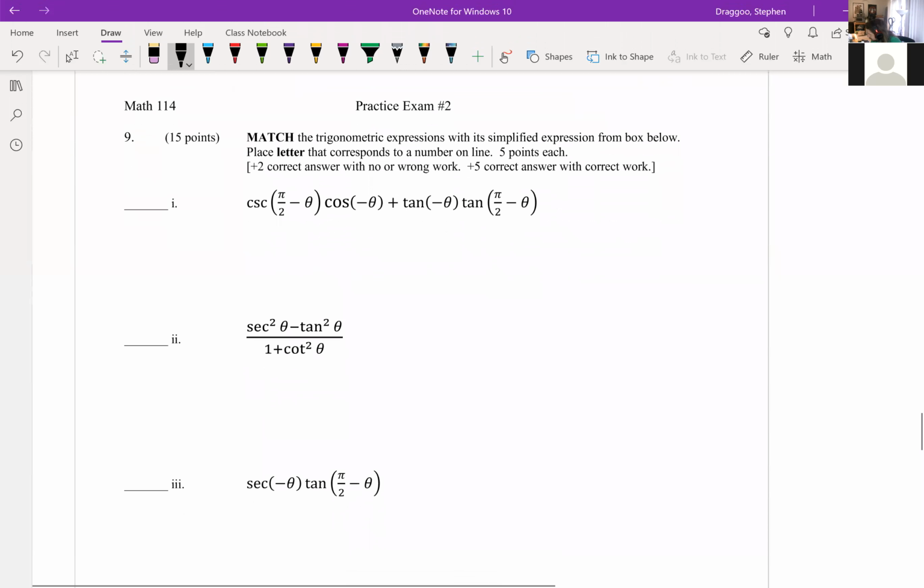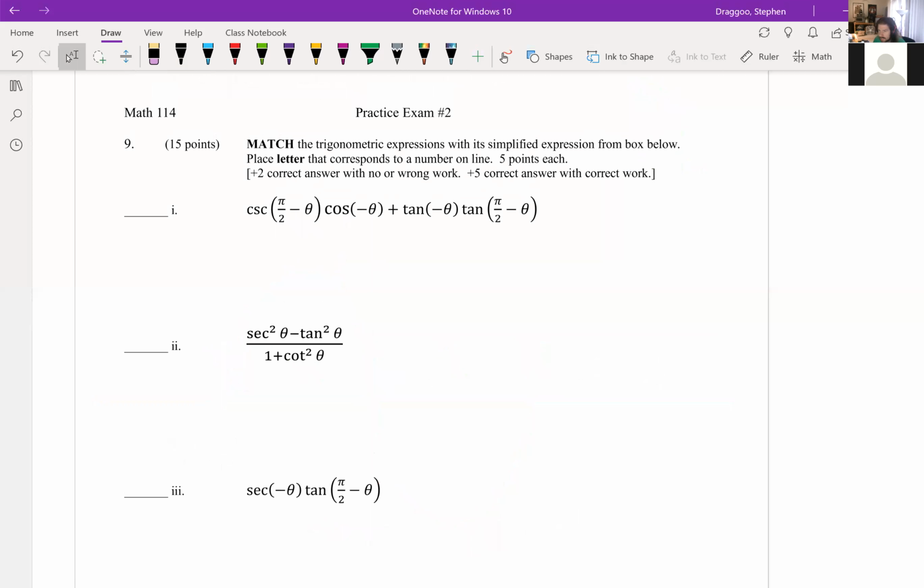Oh yeah, and then trig identities are next. So let's start by just simplifying as much as we can on this first one. I'll start by getting rid of any extra angles, getting rid of those negatives. Hopefully something will shake out of all this.